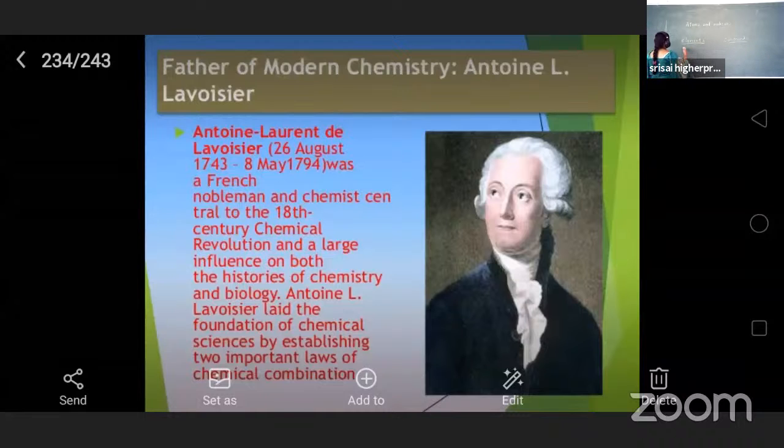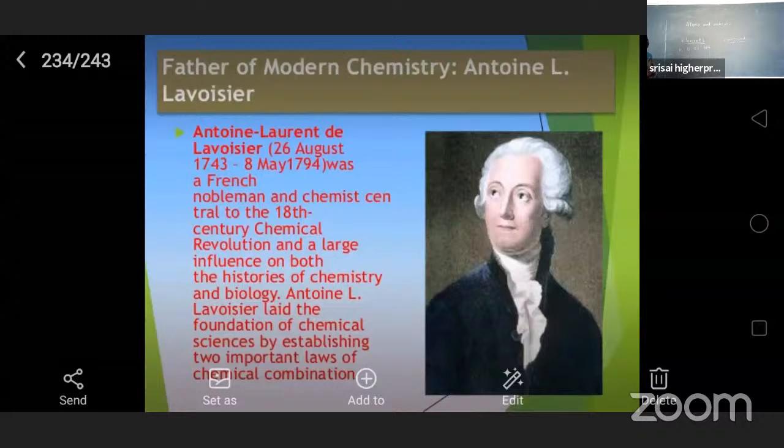So what are the examples of elements, students? Hydrogen, oxygen, chlorine, sodium. These are examples of elements.